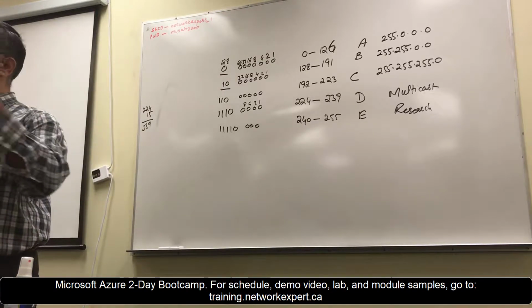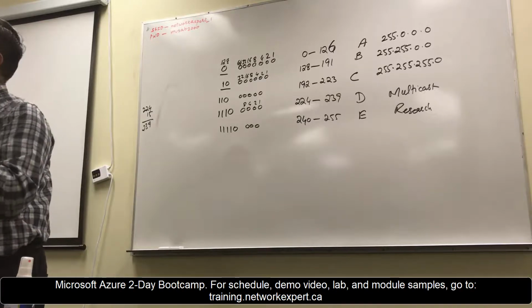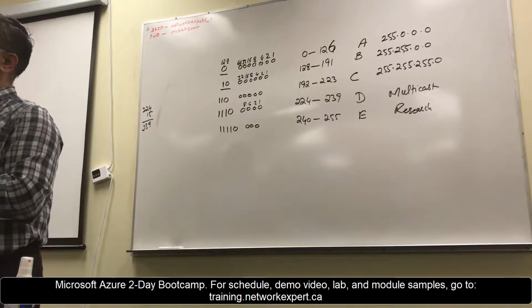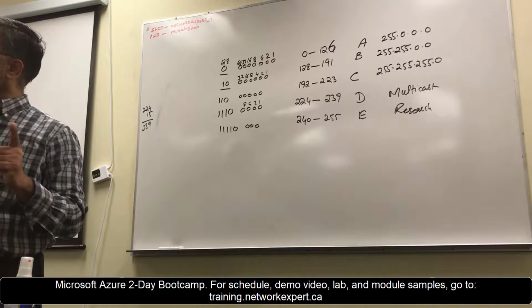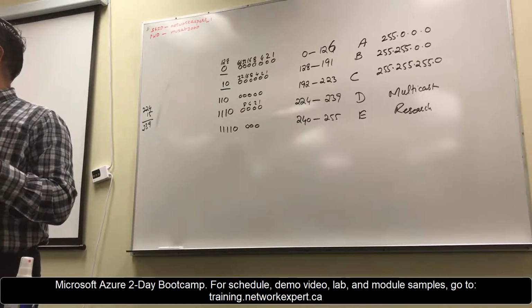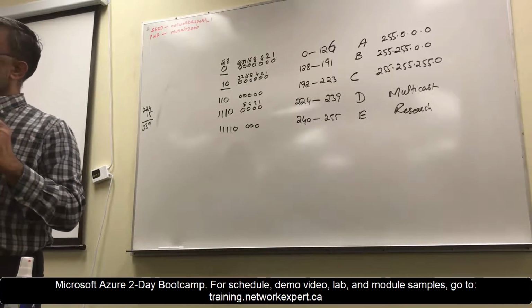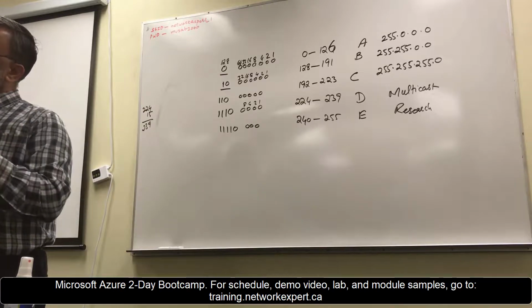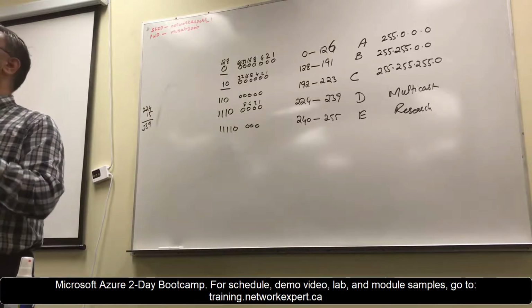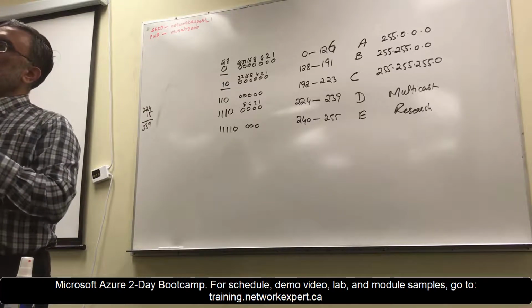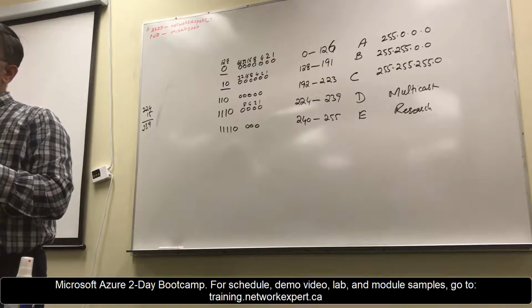If you have multiple networks and you want to squeeze them into one, that is called supernetting or route summarization. I will give you one example of how we take one network address and break it down into further subnets, and then we will talk about variable length subnet masking.